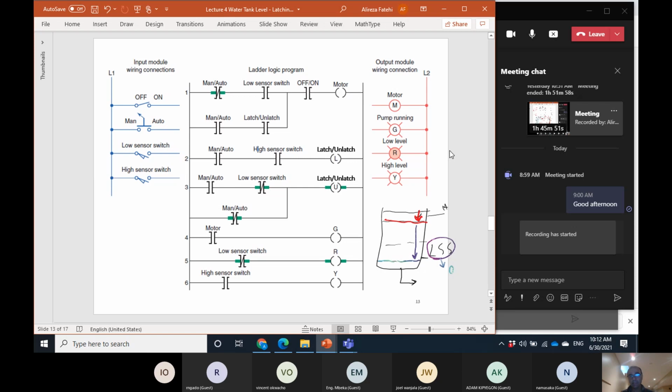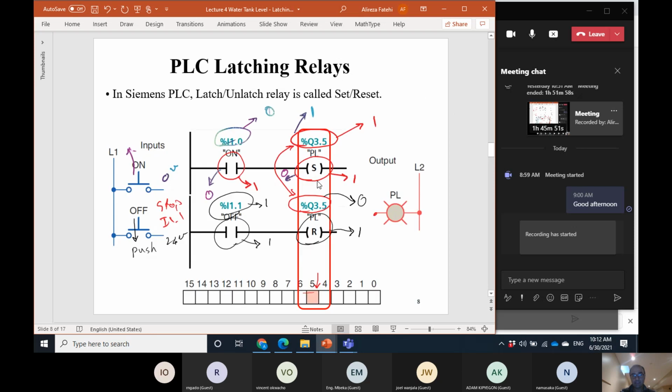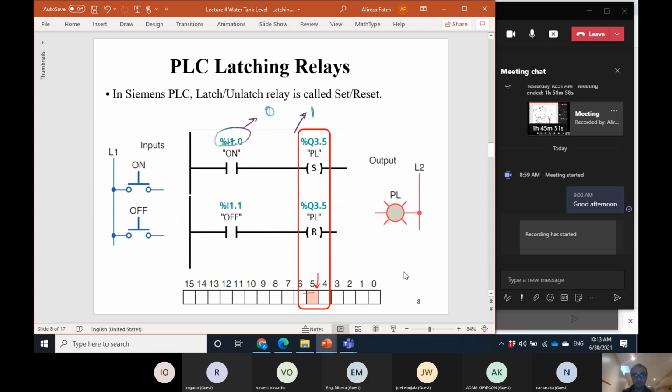Instead of using this one, let me first explain your question using this diagram. The question is this: if I push this, this turns on, sets, and when we push this, it resets.